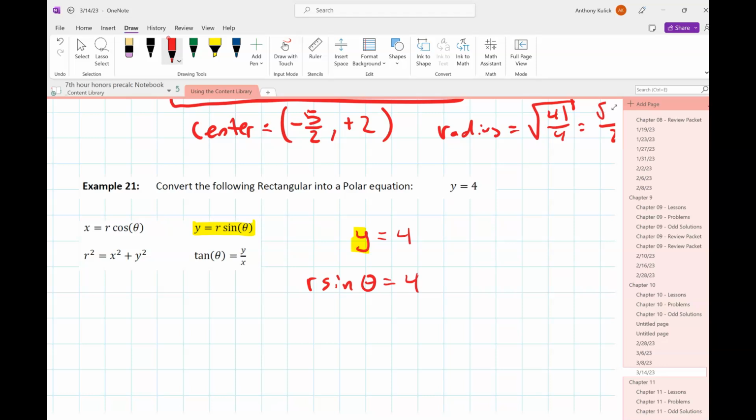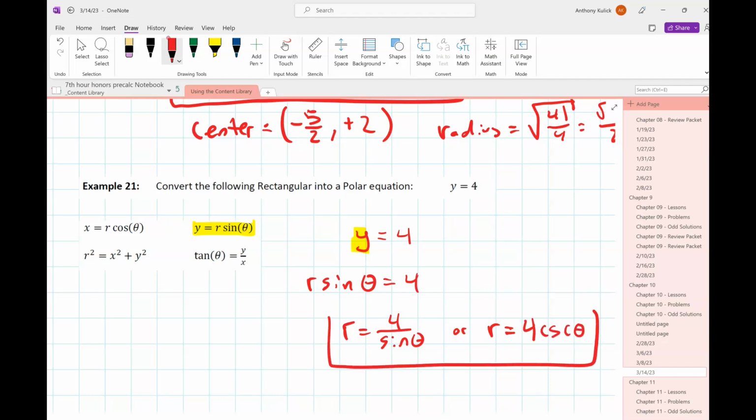A polar equation has r by itself, so I'll divide both sides by sine theta. So that's fine. Or you could write it as what else? Yeah, 4 cosecant theta, since 1 over sine theta is cosecant theta. So that was really easy, right? No big deal there.